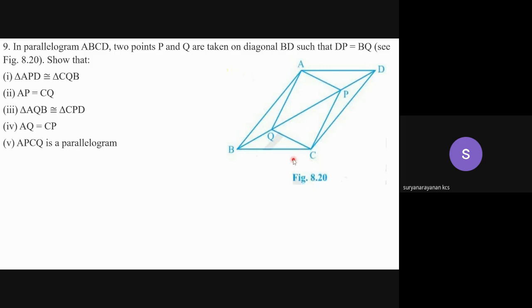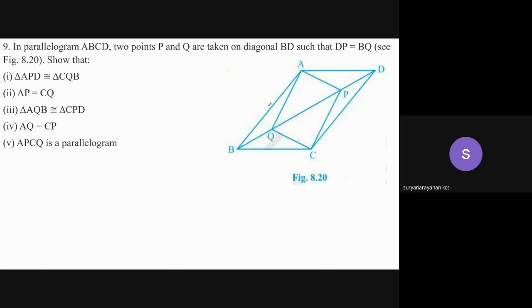Observe the figure 8.20. Here ABCD is a parallelogram. And points P and Q are given such that on the diagonal BD, DP is equal to BQ. From this figure, here ABCD is a parallelogram.